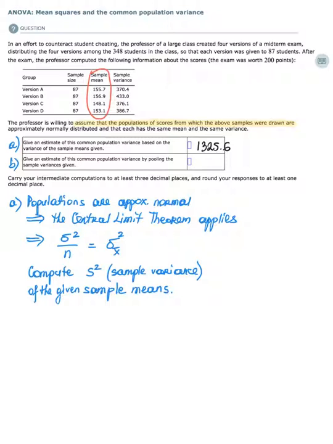Please notice that I highlighted the statement that we can assume the populations of scores are approximately normally distributed, and therefore the samples drawn from those populations are approximately normally distributed. Because the populations are approximately normally distributed, we can apply the central limit theorem, which states that the variance of the sample distribution will be equal to the population variance divided by the sample size.